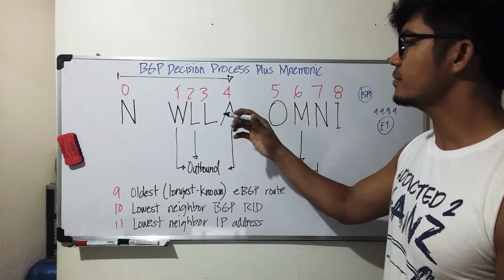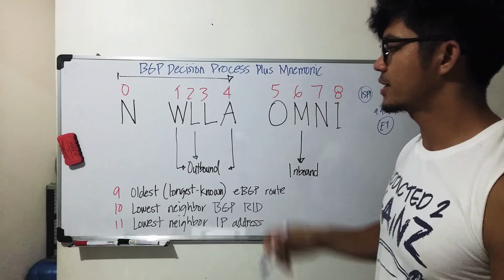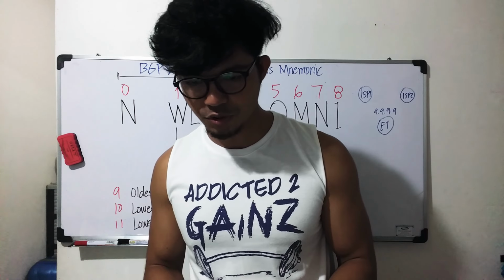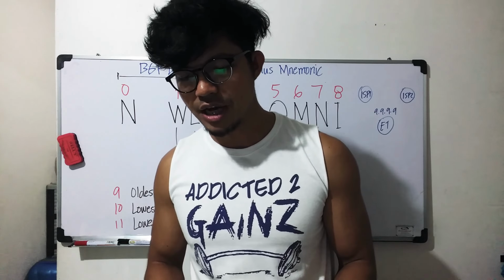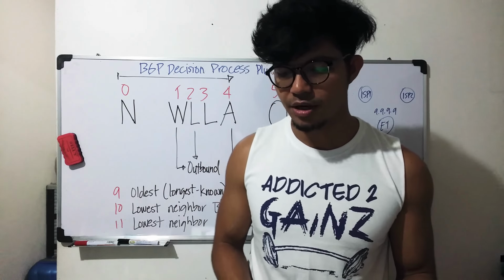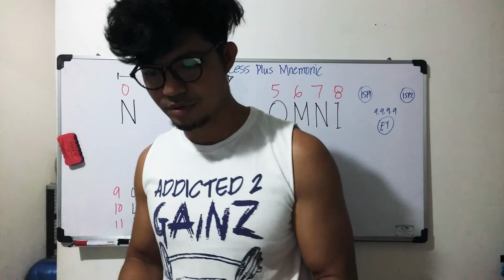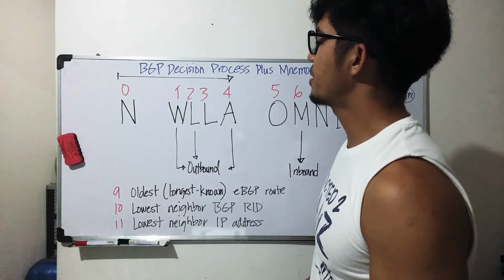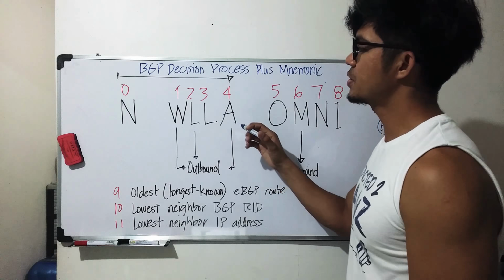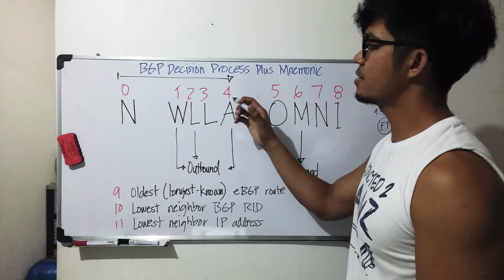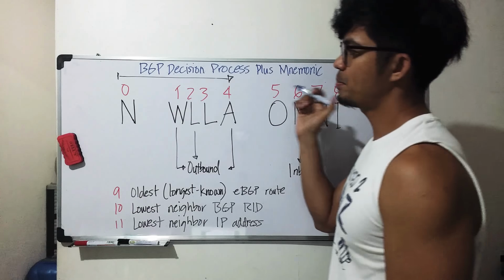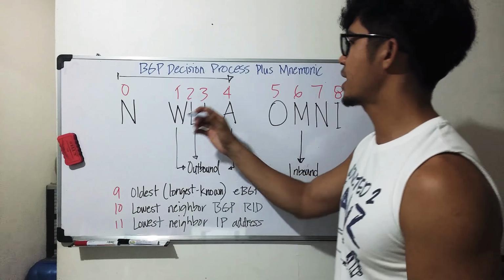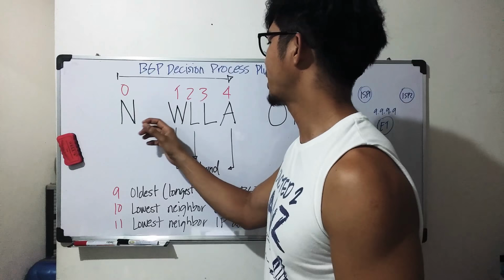So I got this from a book that I'm reading called CCNP Routing and Switching ROUTE 300-101 Official Cert Guide by Kevin Wallace. In my opinion, these path attributes are easier to memorize if you use a mnemonic like this.